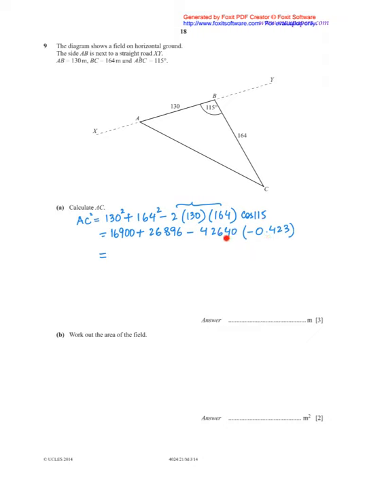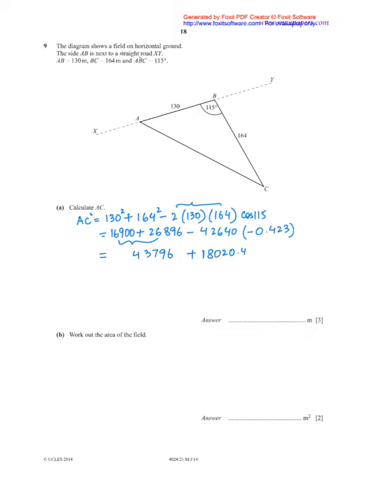Alright, now firstly I will start multiplication with these two. So 0.423 times 42640, it is minus minus plus, and it equals 18020.4. And when I add these two numbers, 16900 plus 26896, it gives you the value of 43796.